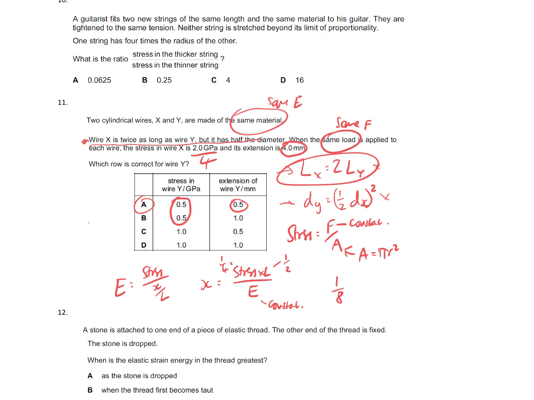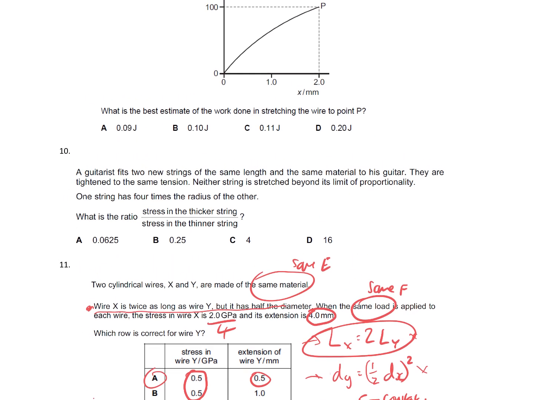Difficult question there. Question 10 wasn't answered very well either. Now, first of all, we can rule out 2 because let's just think about it. It's the same material, same tension, and remember stress is force over area. So it's the same tension, this is constant. So really the only thing that's going to affect it is area.